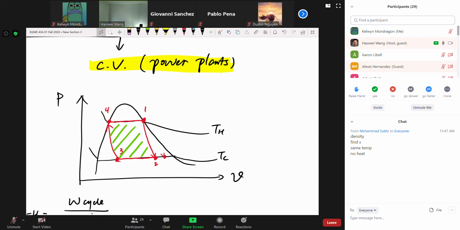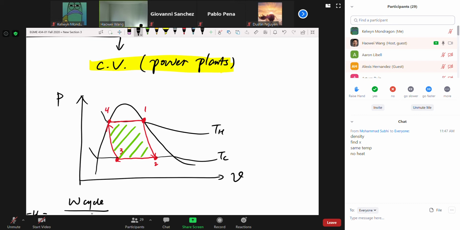After the boiler, you have 1 to 2. What is 1 to 2? Steam turbine. Very good. 1 to 2 is the turbine in which the steam will expand. And then 2 to 3 is the condenser. That's where you lose the heat. Last one, 3 to 4 is the pump. So those are the 4 components in the power plant.